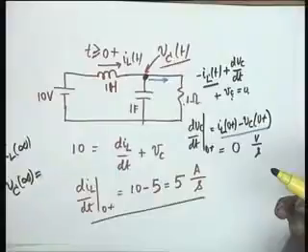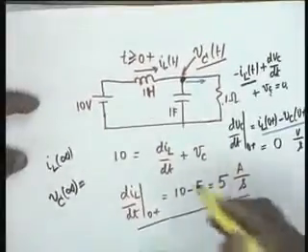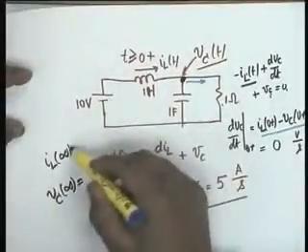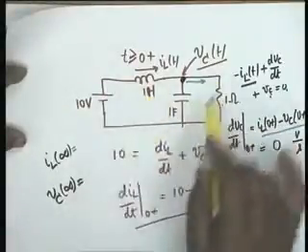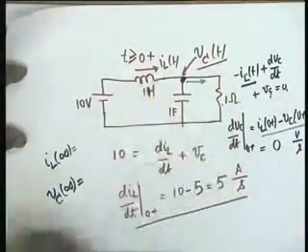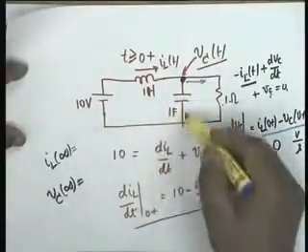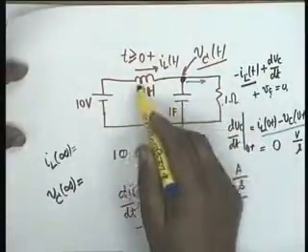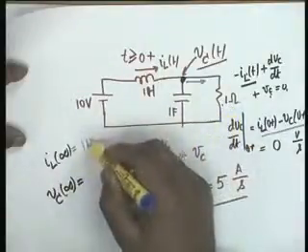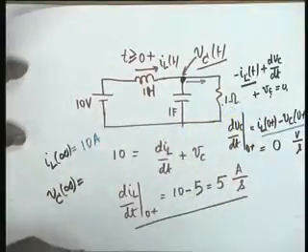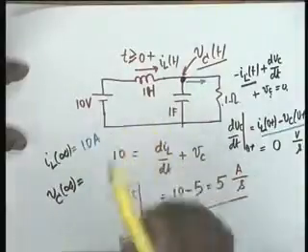As far as the infinite time value is concerned, when this circuit reaches steady state, once again the inductor becomes a short, the capacitor becomes open, and therefore the current through this circuit would be 10 volt by 1 ohm. So it would be 10 amperes. You see what has happened?